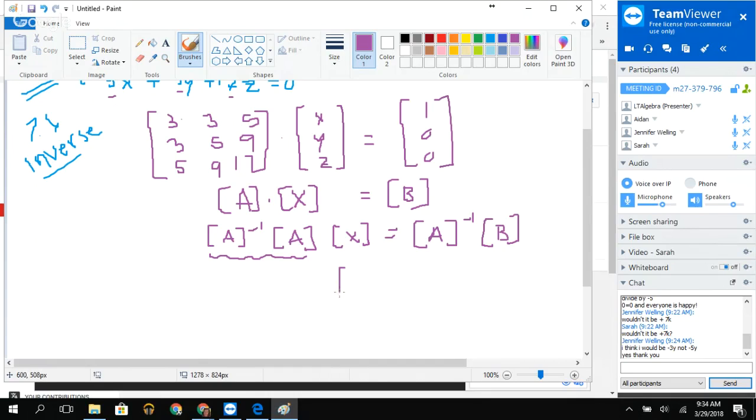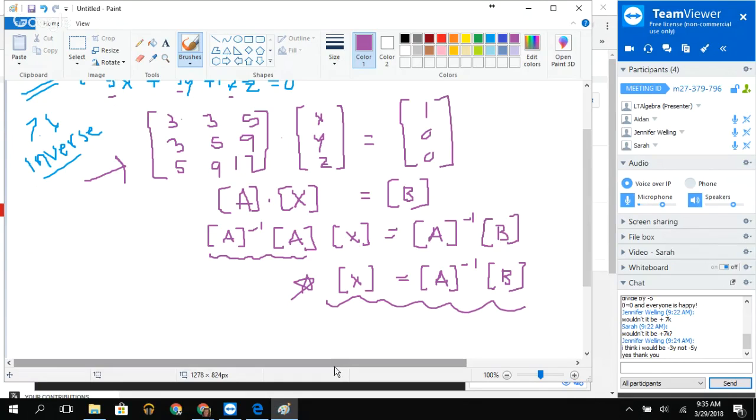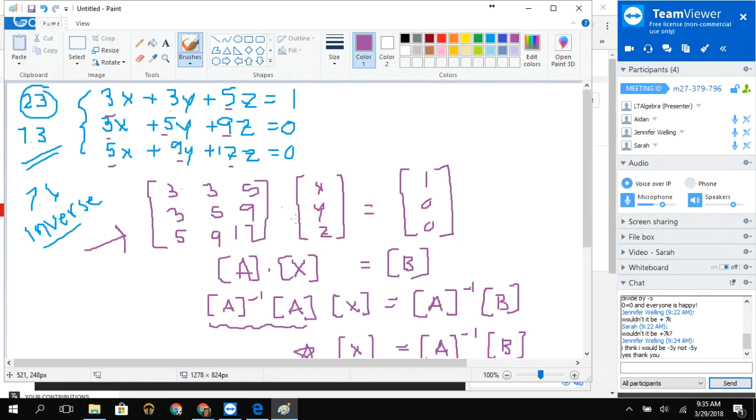So this leaves me with X equals the inverse of matrix A times B. This equation is true for any system. We picked a 3 equation, 3 variable problem, but if you had 4 equations and 4 variables, or any higher number, you could use this to solve for your values. So let's see practically what this looks like.